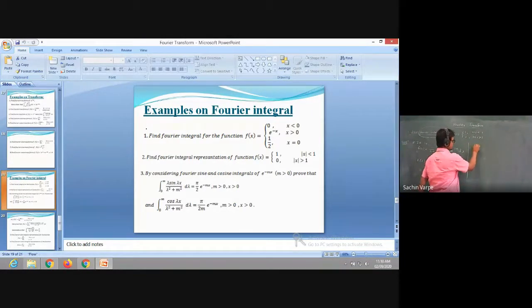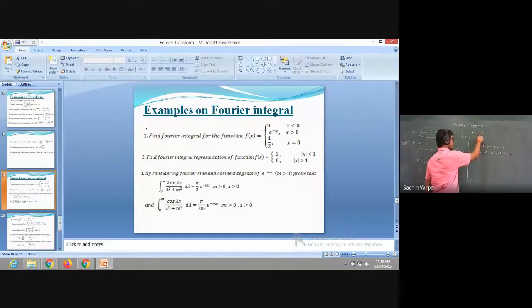Mod x less than 1 means x lies between minus 1 and 1, and mod x greater than 1 means x is greater than 1 or x is less than minus 1.